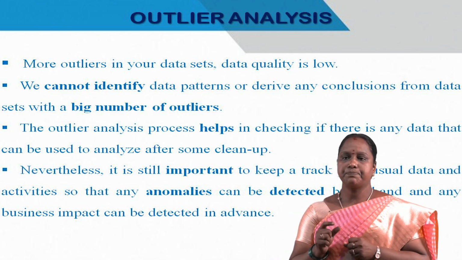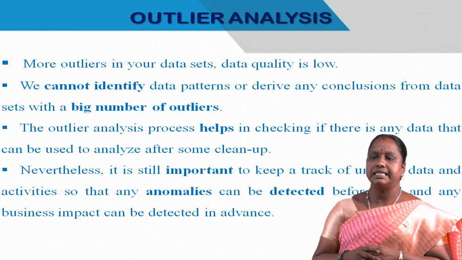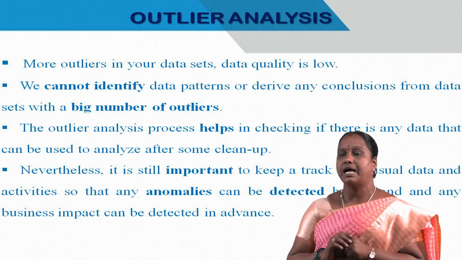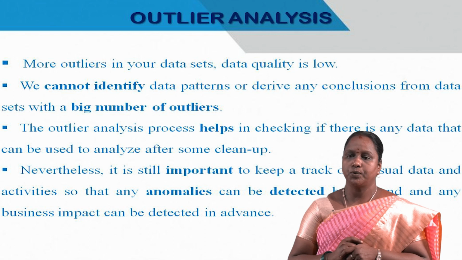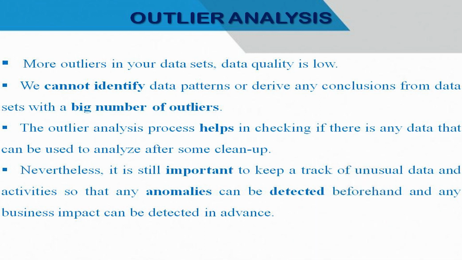The outlier analysis process helps in checking if there is any data that can be used for analysis after some cleanup. Nevertheless, it is still important to keep track of unusual data and activities so that any anomalies can be detected beforehand and any business impact can be detected in advance.